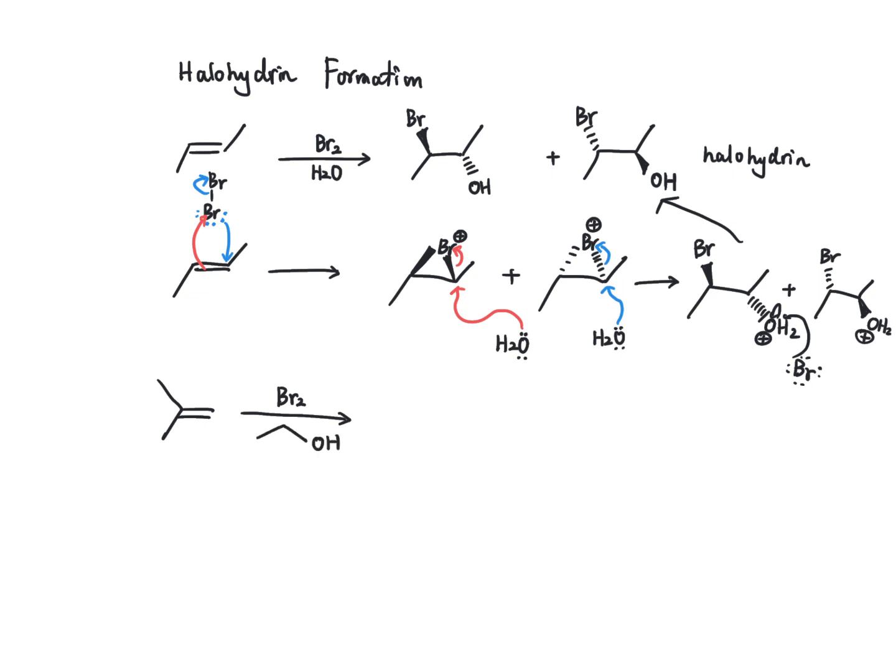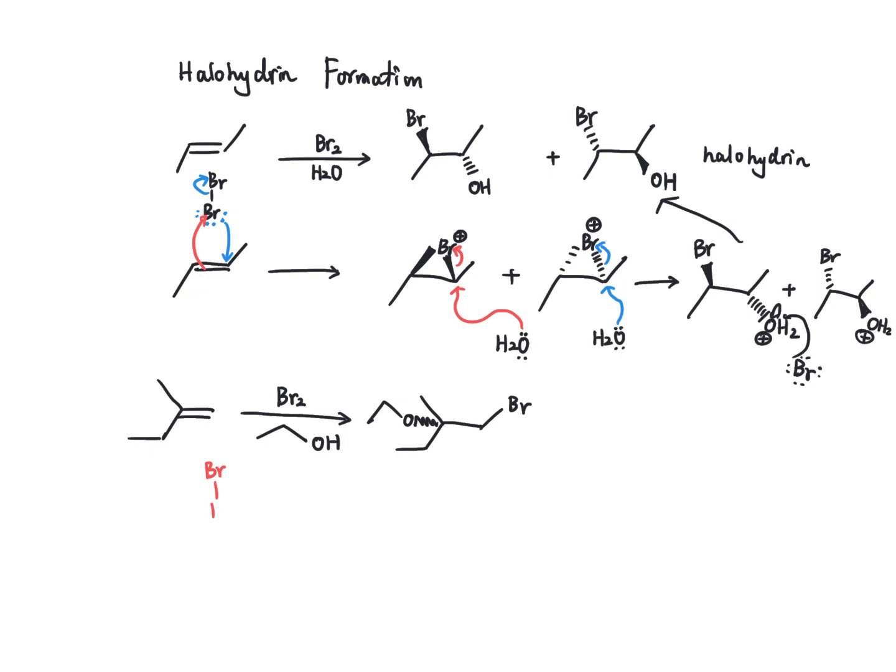And what will be the product? Okay, so this will be the product, and I make this even more complicated. This will be our product, but why is this the product? Let's draw out the reaction mechanism.